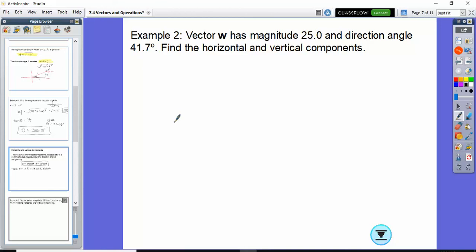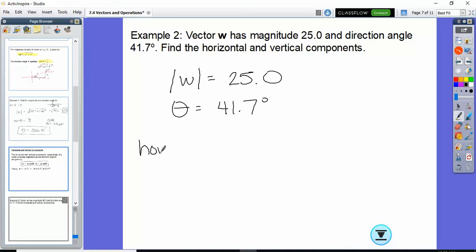So vector W has a magnitude. Magnitude looks like absolute values. It's just telling you the length of it, 25.0. Our direction angle is 41.7 degrees. Find the horizontal and vertical components.